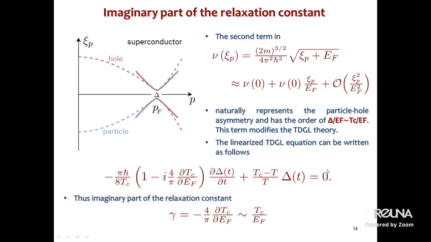I don't show the linear term here, but for us most important is the coefficient in front of the time derivative. Exactly this imaginary term is coming from this asymmetrical term in the density of states.